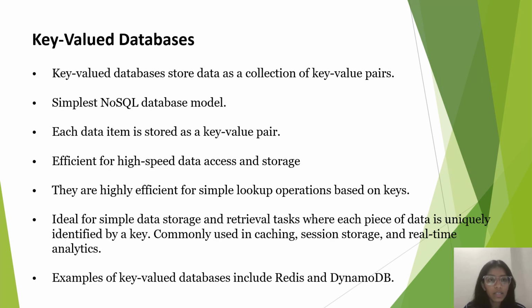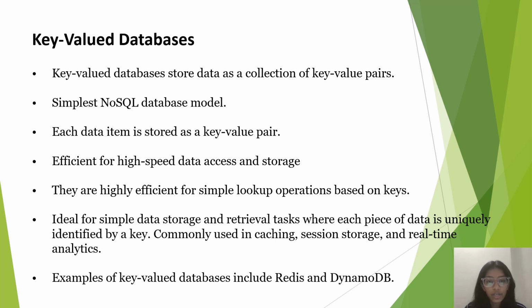First type of database we are seeing is the key value database. Key value databases are used to store the data as a collection of key value pairs. It is the simplest NoSQL database model. Each data item is stored as a key value pair, efficient for high-speed data access and storage.